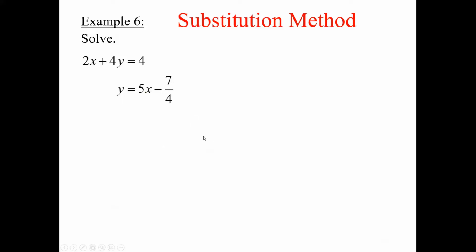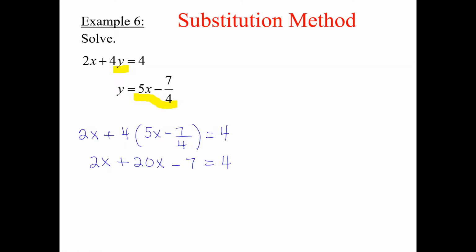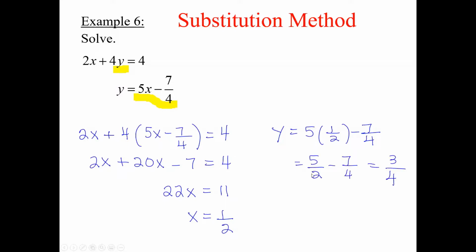Okay, what about these two? I've already got an isolation, so I'm going to substitute it, simplify it, and I get x equals 1/2. I substitute in the 1/2 into this equation. So I get 5/2 minus 7/4.